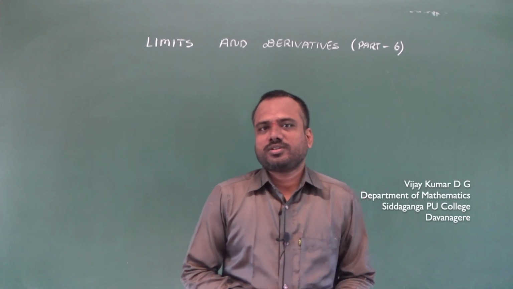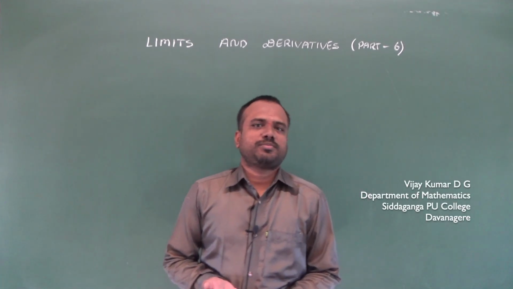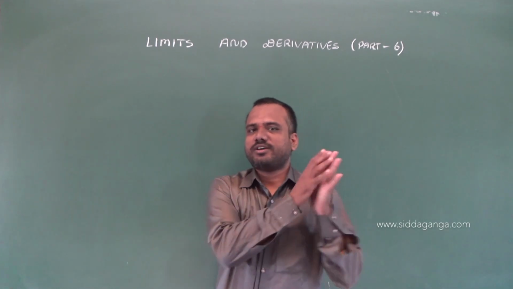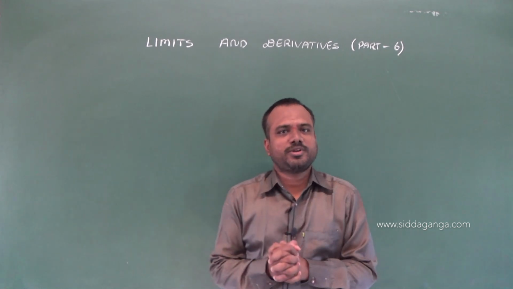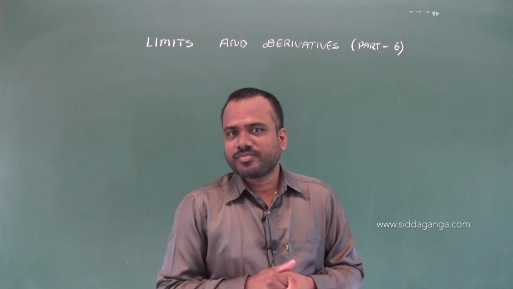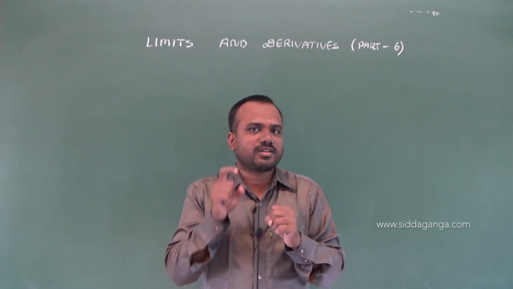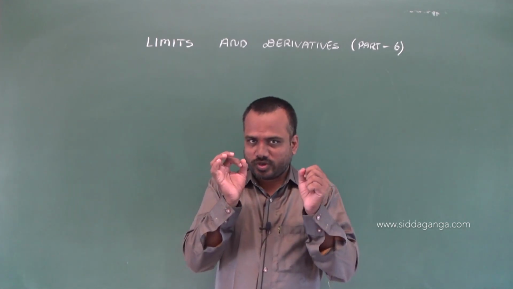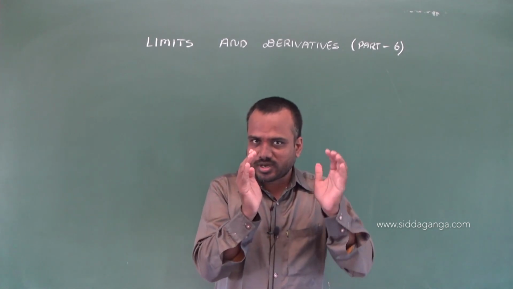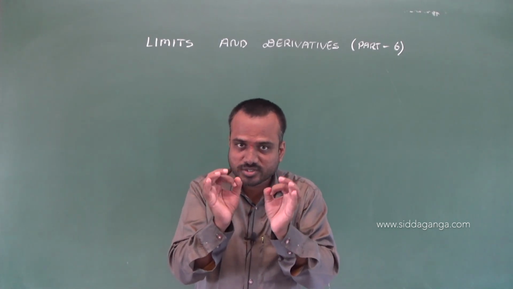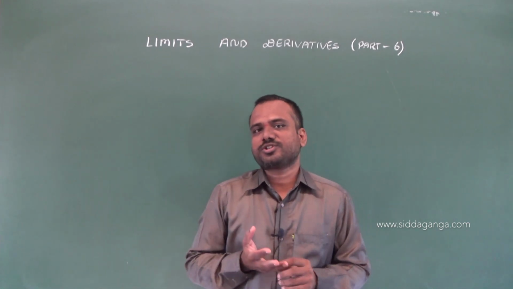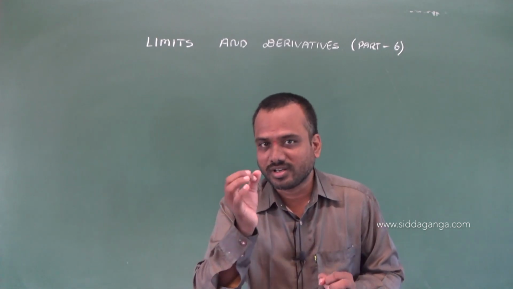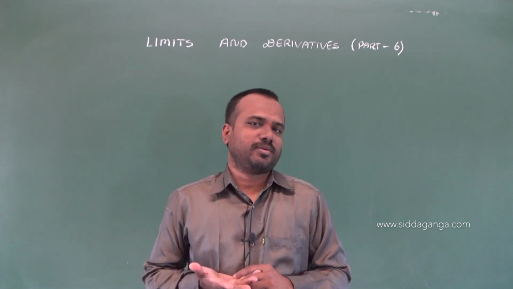Hello students, we continue the same concept we discussed in the last class, left hand limit and right hand limit. Once again I explain, when we are finding left hand limit and right hand limit: if for left approaching and right approaching the functions are different, in this case only we find left hand limit and right hand limit.